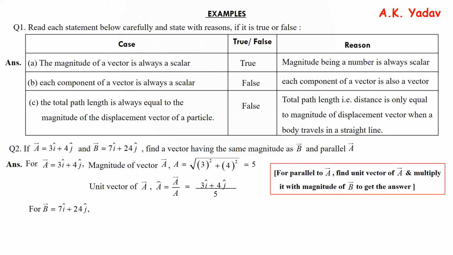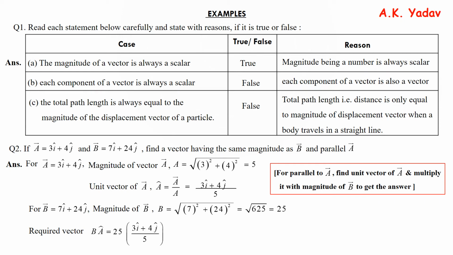For vector B, the magnitude is under root of 7 square plus 24 square, that gives under root of 625, which gives 25. The required vector is the magnitude of B into the unit vector of A, that is 25 into 3 i cap plus 4 j cap divided by 5, that is 5 into 3 i cap plus 4 j cap, which gives 15 i cap plus 20 j cap.